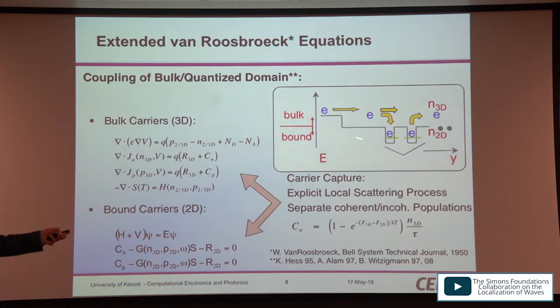So we can solve the Schrodinger equation in here and derive an envelope wave function that describes the carrier distribution. And here in the continuum, the carriers can move according to their semi-classical picture. And this is what we implemented. So here you see this Van Roosbroeck system, the drift diffusion system. Locally, carriers can scatter into the wells. And very nicely, we have a confining potential here, so we can use a closed Schrodinger system and solve right now.